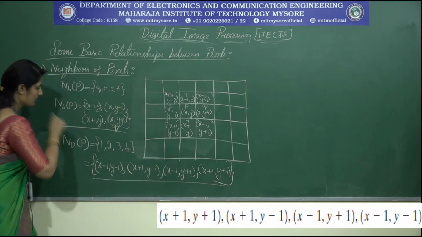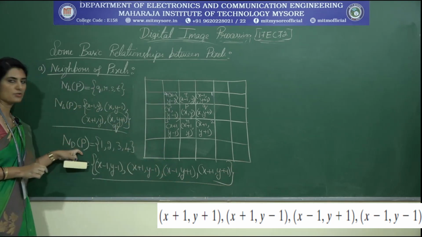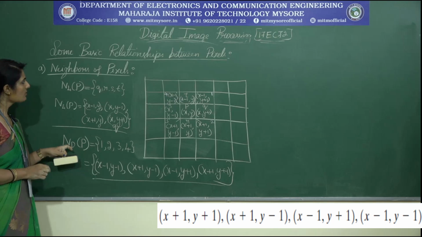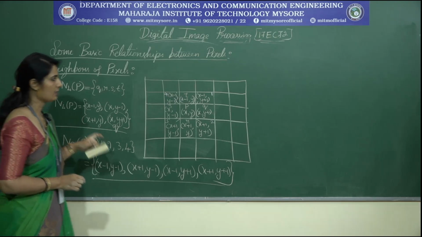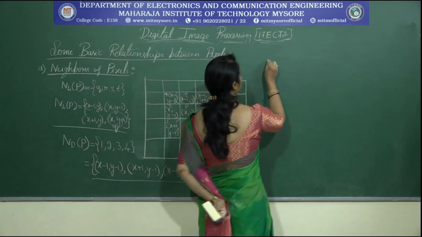These are all the 4 diagonal neighbors of P. Also there is another representation, the 8 neighbors of P.